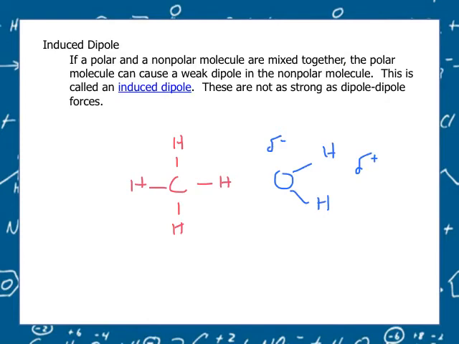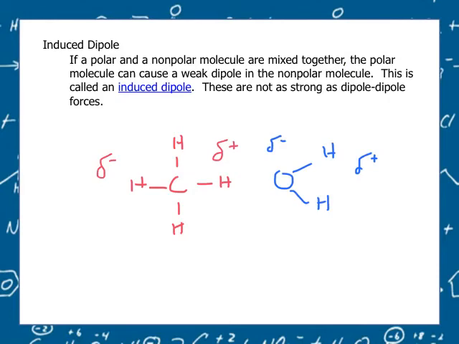So when these two come in contact, the partial negative charge on the oxygen is going to repel the electrons in this, so that the electrons are going to run away from these bonds over to the other side because opposite charges attract, and it is going to temporarily induce a weak dipole in an otherwise nonpolar compound.